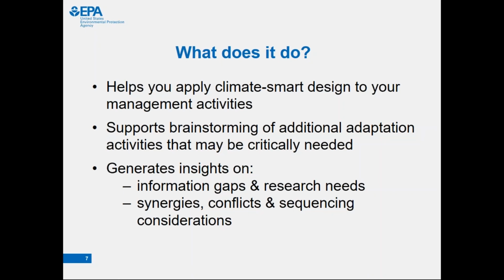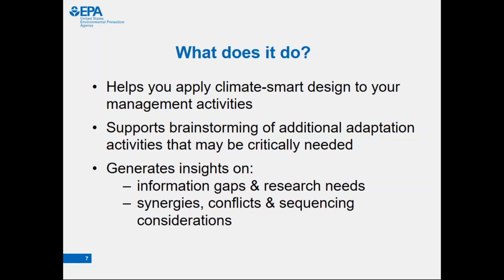And as I mentioned, along the way, the process generates insights, especially on information gaps and research needs. It may reveal where there's important information about vulnerability that needs to be looked for, or perhaps might need new research. So information gaps about the biology, about the climate effects, about the vulnerabilities.